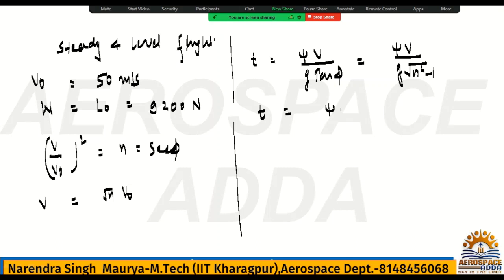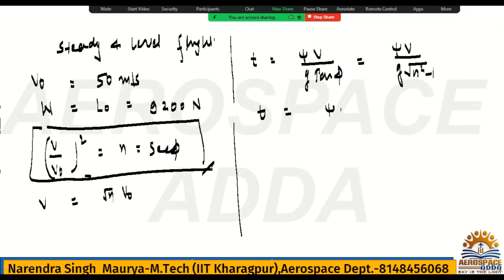How, where will you get this formula? See, I have already written this formula. So there should not be any confusion about this formula, no? Check that space, I had given this formula in the starting only. So simply you just use this. Then instead of v, what can you write? Root of n v naught divided by root of n square minus 1.